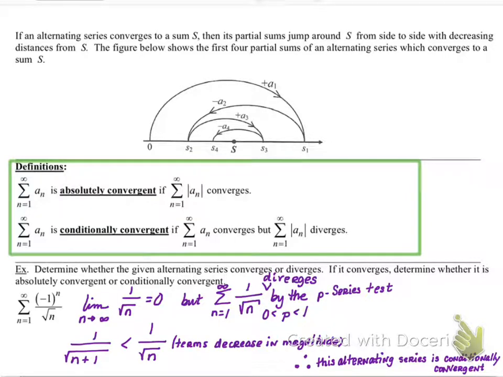Okay, so because you can say that the limit approaches 0, you can see in the problem that it's alternating, and you see that the terms decrease in magnitude, but that is not true if you were to take the absolute value of that series. It diverges there, then you can say that the series is conditionally convergent.